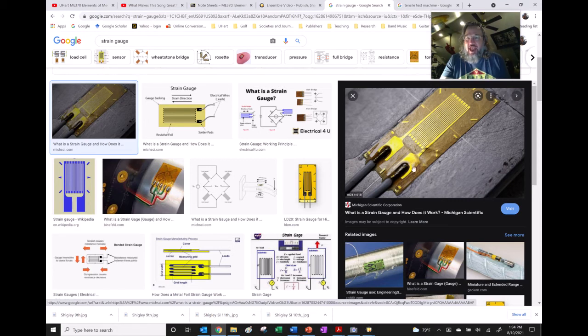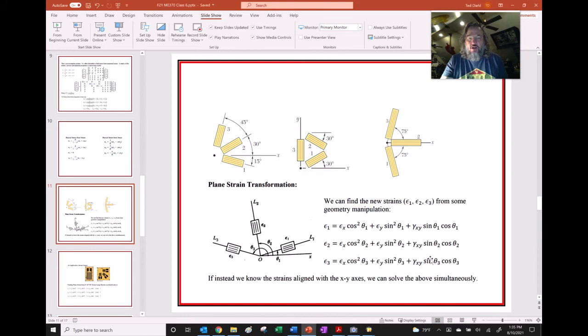Any deformation that takes place here is going to stretch the length of this wire, and the wire has a relationship between its resistance and the amount of deflection it contains. You can calibrate this, so if you measure the change in resistance, it's proportional to the strain. So strain gauges allow us to measure the amount of strain.